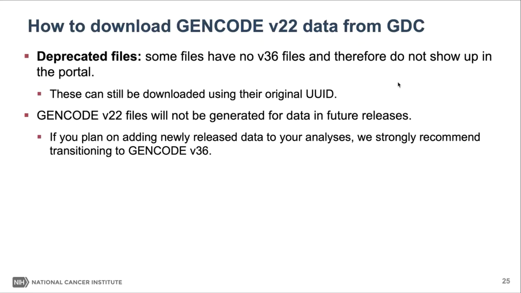All future releases will be GENCODE v36 data, I guess until we use a newer GENCODE version. But for now, all new data will be GENCODE v36. So if you're planning on doing an analysis that includes data that will come out in the future, we very much recommend moving to GENCODE v36.